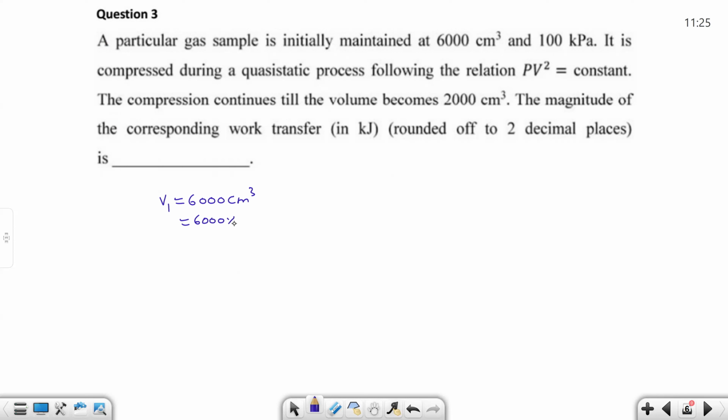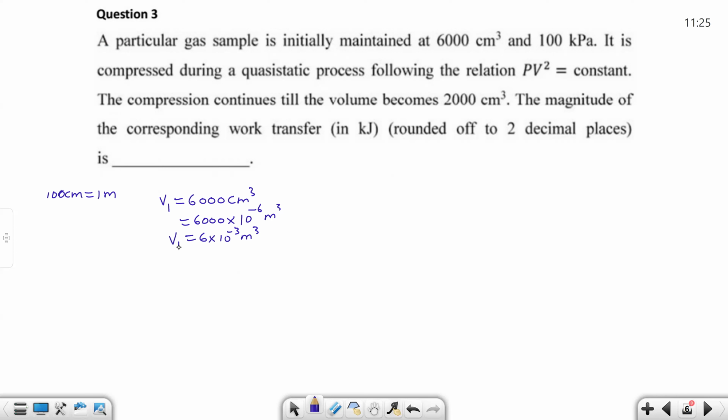We know that 100 centimeter equals 1 meter, so 10 power minus 6 meter cube. We wanted it in meter cube, so you can take it as 6 into 10 power minus 3 meter cube.